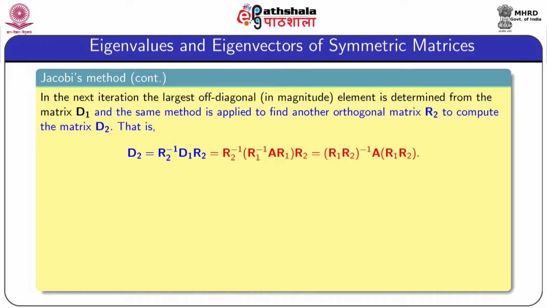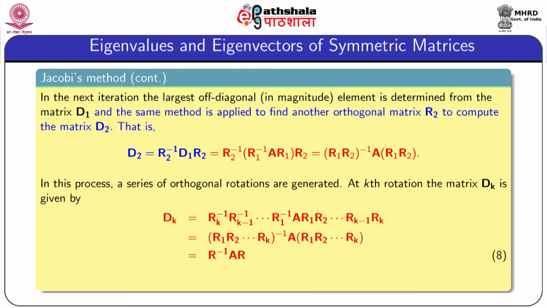By substituting the value of D1, we get R2 inverse into R1 inverse A R1 into R2. R1 inverse A R1 is nothing but D1, and this expression can be written as R1 into R2 whole inverse into A into R1 R2.